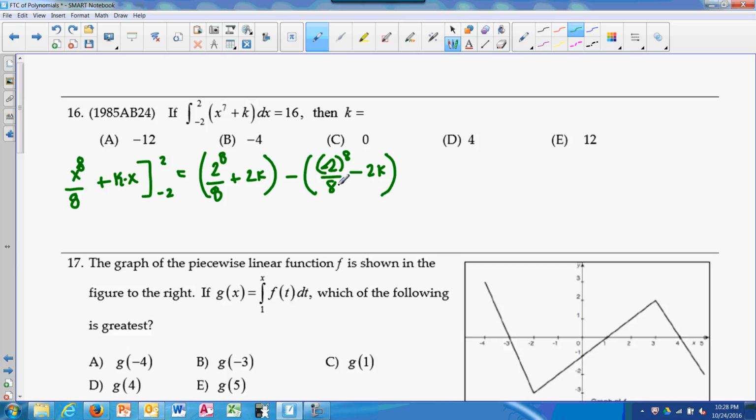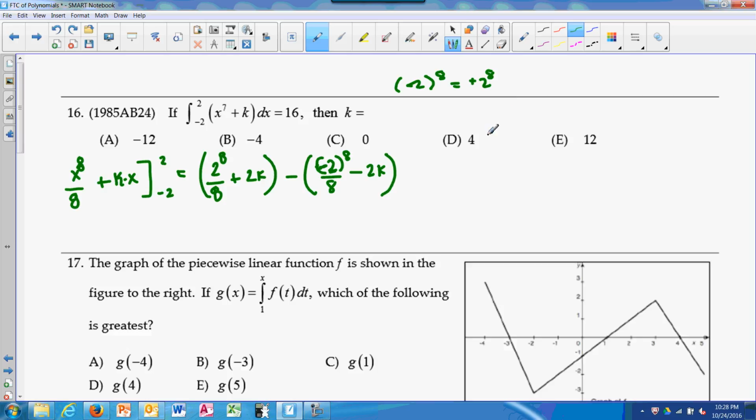Now, a lot of students mess up this problem because of this second term right here. They fail to put the parentheses around the negative 2, and so they end up with the wrong answer. Negative 2 to the 8th power becomes positive 2 to the 8th power because it's an even power.